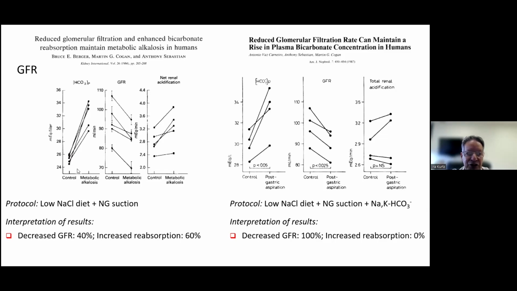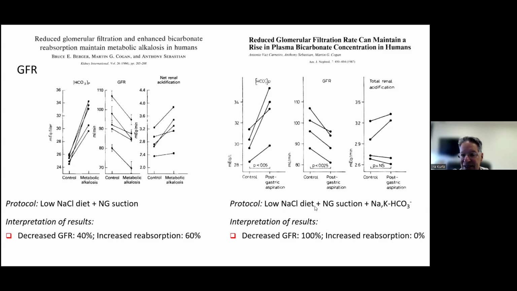And what he concluded from this was that the GFR was responsible for 40%, and the increased tubule reabsorption was responsible for 60%. And he then went on to do a subsequent study where he showed that the reduced GFR can alone by itself account for the maintenance phase in humans. And what he needed to do that was just to give sodium or potassium bicarbonate with the NG suction.